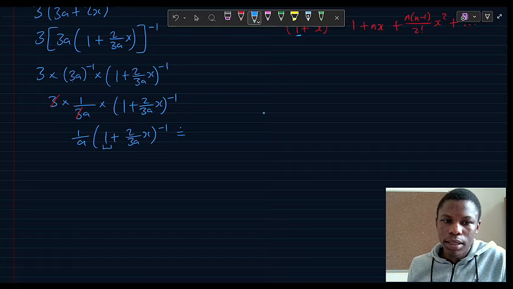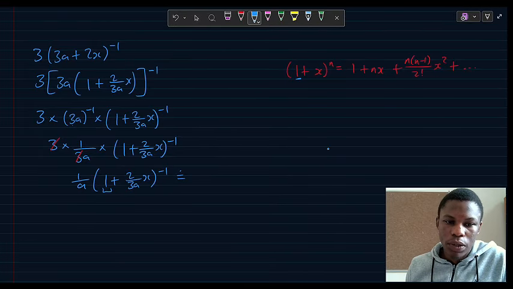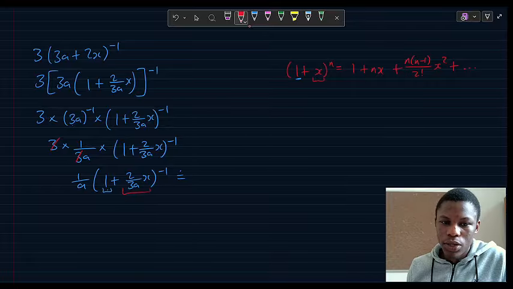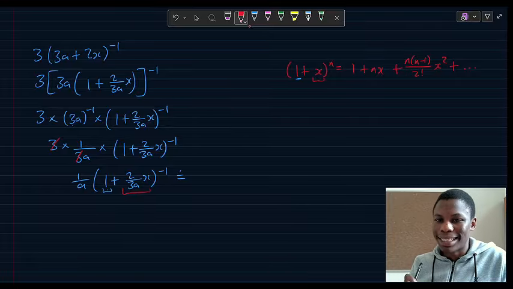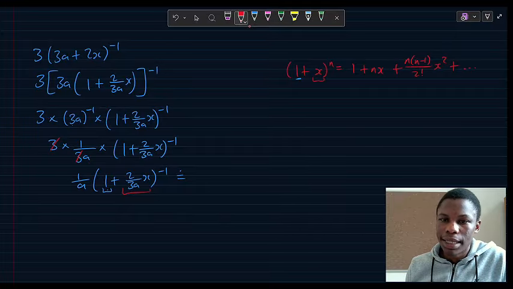In our case, our 1 is the 1, our x, this x here, is going to be the 2 over 3ax. That doesn't necessarily have to be exactly x, it can be some function of x. And then our n is going to be the negative 1.